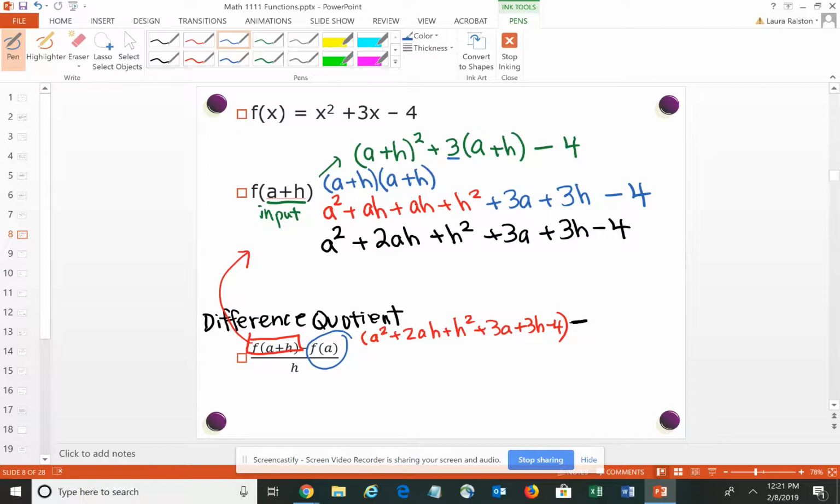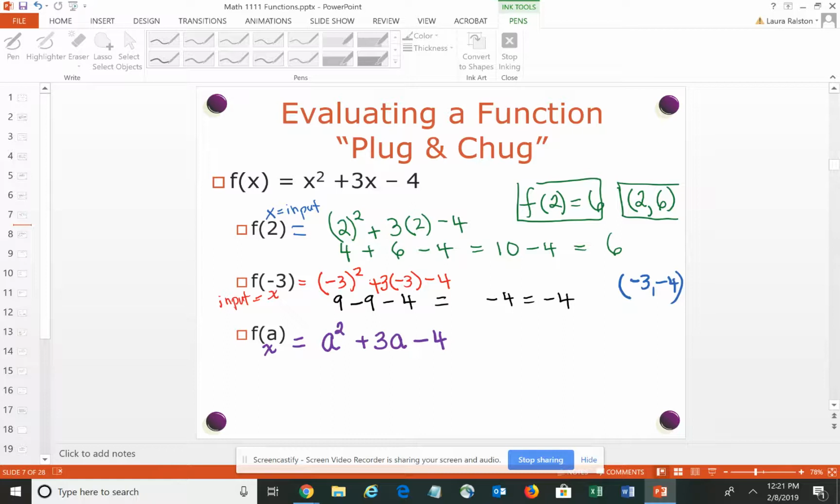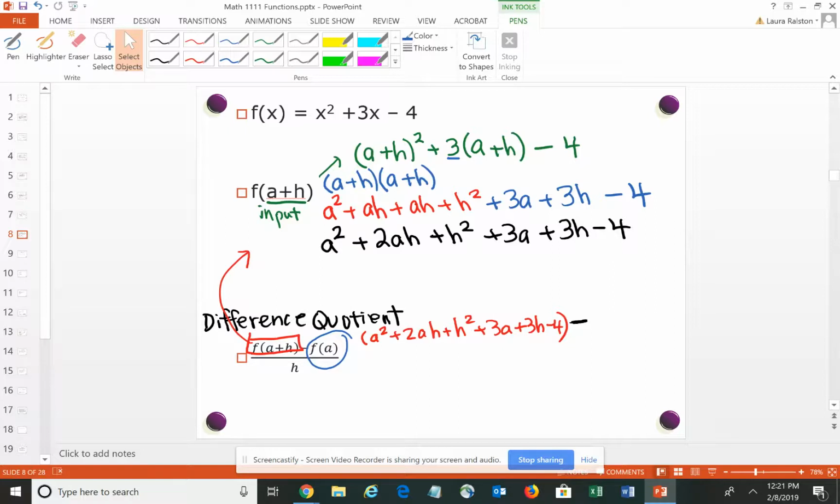I'm going to back up for just a minute so you can see it. F of a was this expression right here in purple: a squared plus 3a minus 4. So I'm going to substitute that in, and then that whole expression is ultimately divided by h.